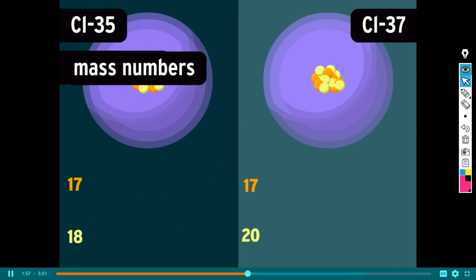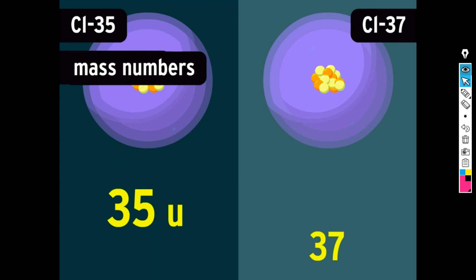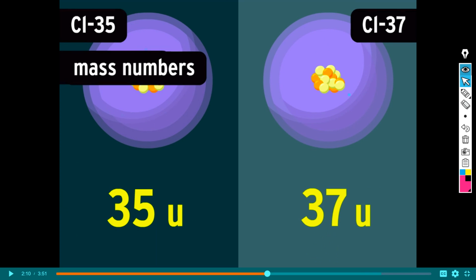We identify them by their mass numbers, the sum of their protons and neutrons. Conveniently enough, those numbers also tell us each isotope's mass, 35 and 37 atomic mass units, or u. In your lab, you're going to be writing this two different ways.